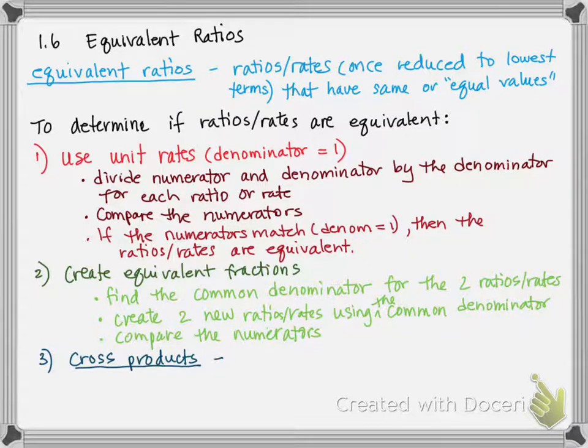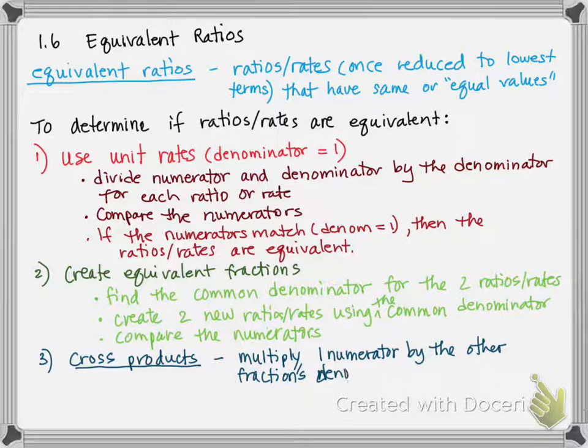Cross products is if you multiply one numerator by the other fraction's denominator, so that's the first thing we do.